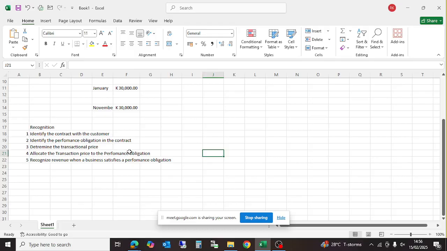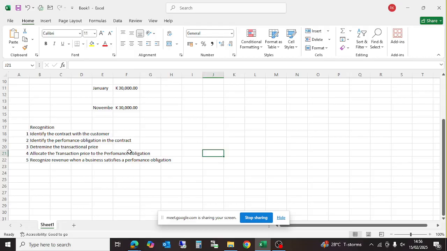Okay, so the first one says we identify the contract with the customer. By identifying the contract with the customer, what are we doing? Firstly, we have to check if the contract is legally enforceable and it has commercial substance.